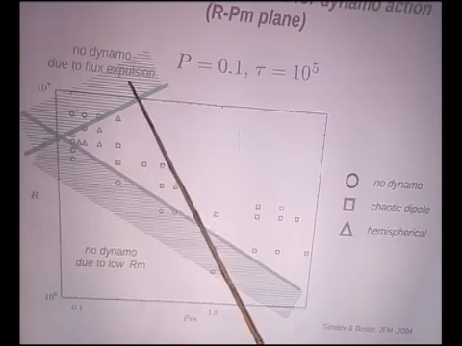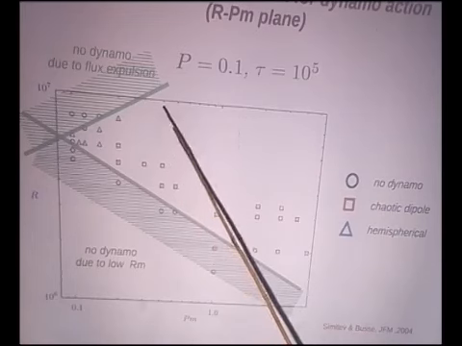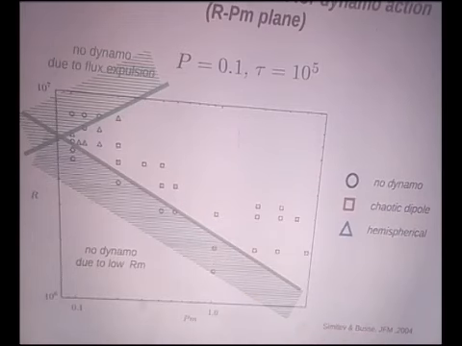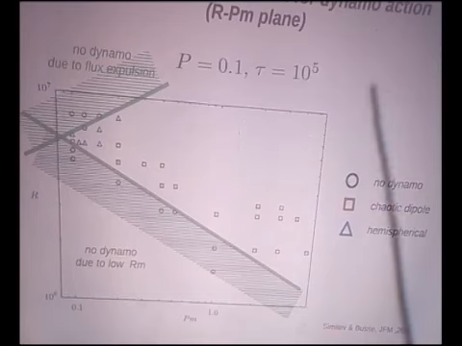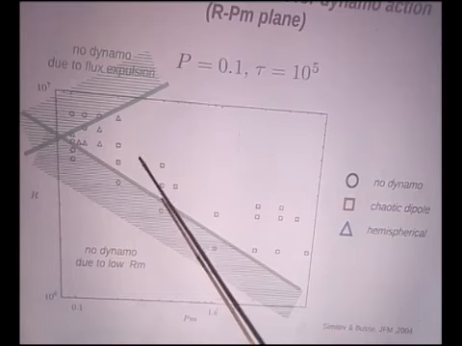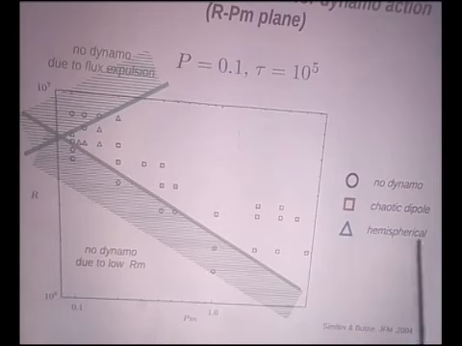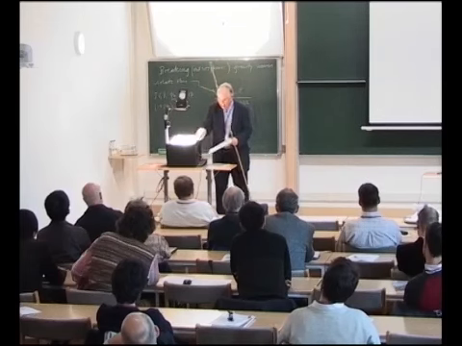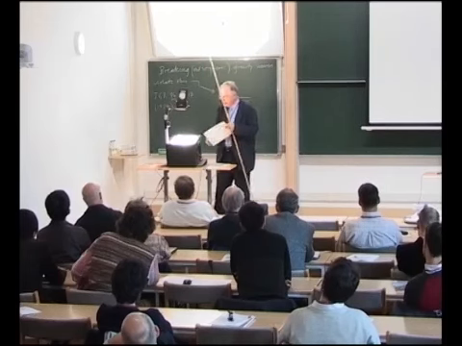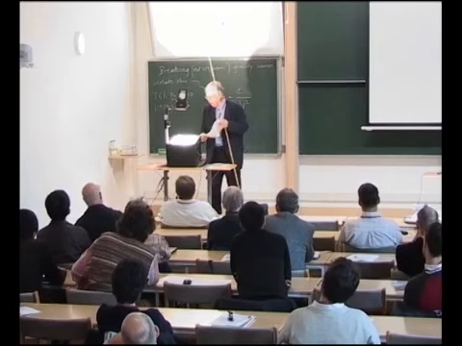There's a regime here given by those two bounding lines where dynamos are possible, and it indicates that too high Rayleigh numbers are not good for dynamo action either, because they tend to expel the magnetic field, the eddies expel the magnetic field, and that makes them less efficient as dynamos.